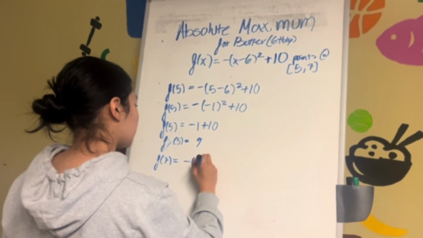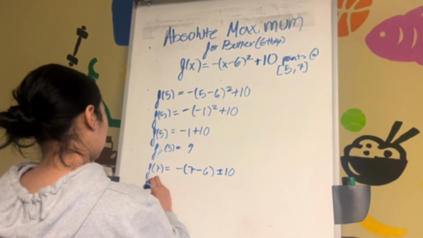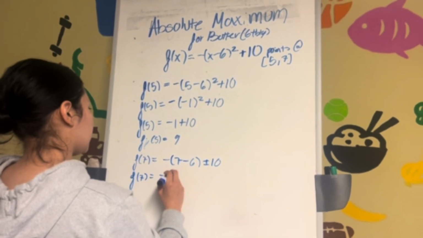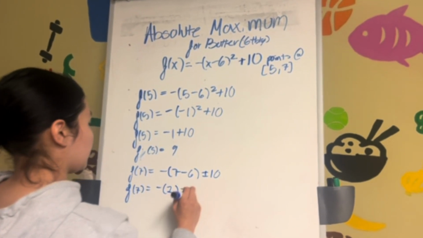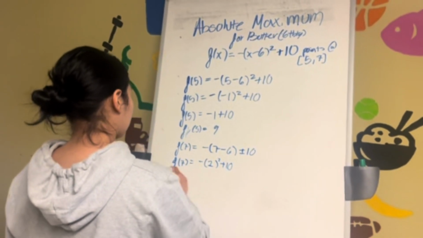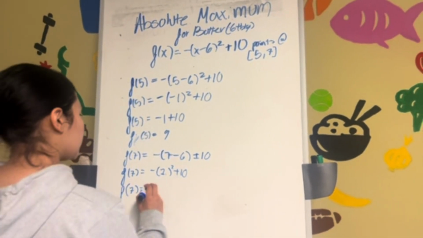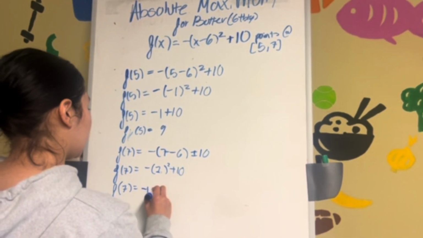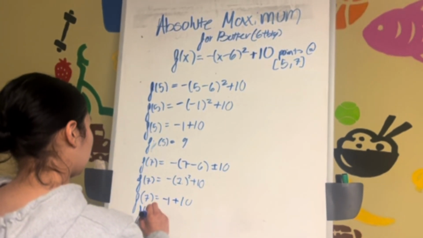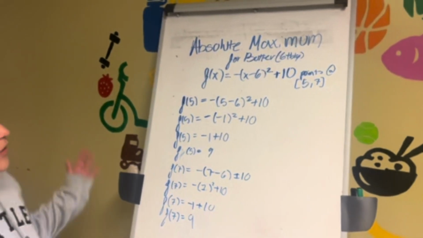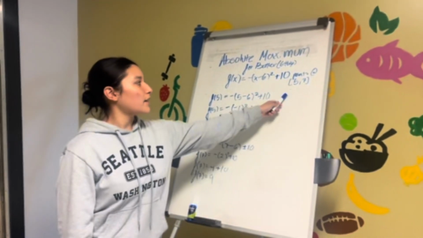So negative 7 minus 6 squared plus 10. 7 minus 6 gives us 1, and 1 squared is positive 1. Then we move the negative that's on the outside to the inside, which also gives us negative 1 plus 10, and this gives us f of 7 equals 9.